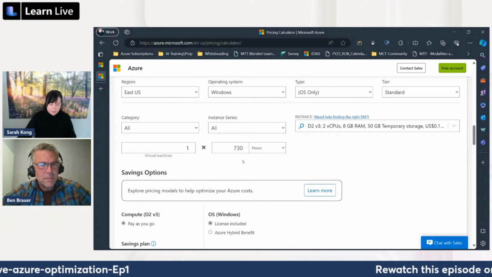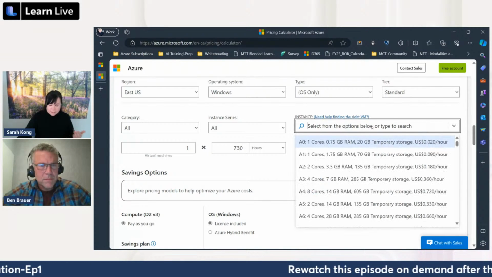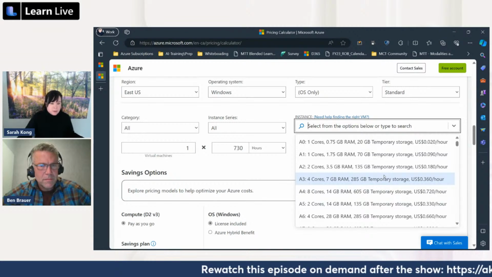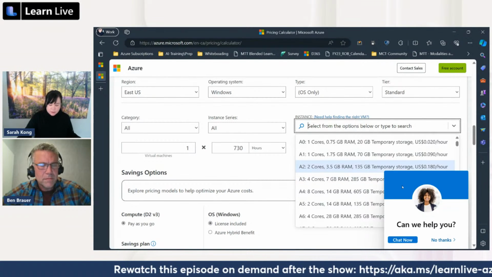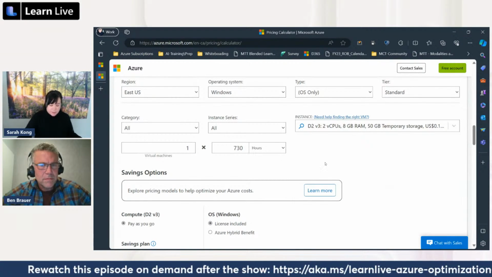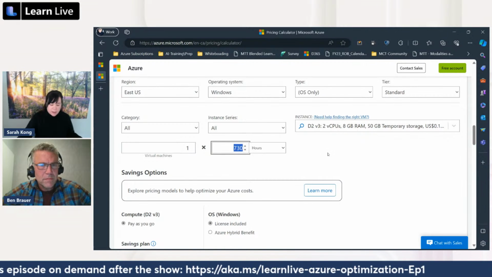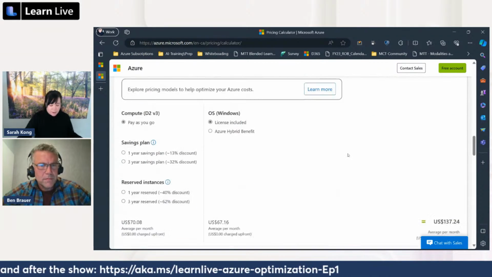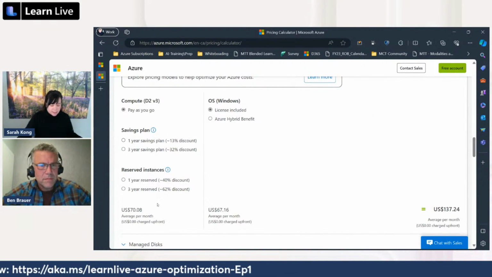The other thing is what am I building? What are the cores, how much do I need, and so on. And then, how long am I running it for? Am I running it hourly? You can also get cost savings in there.